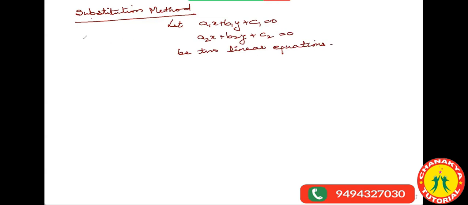Right. Now here, substitution method means you have to substitute the value, you have to put the value of one variable. So how will you solve it? See, this is your first equation and this is your second equation.